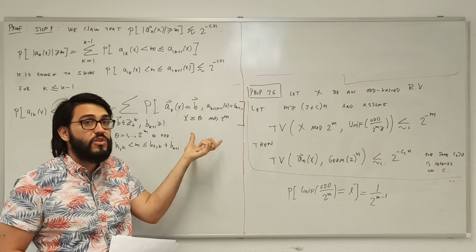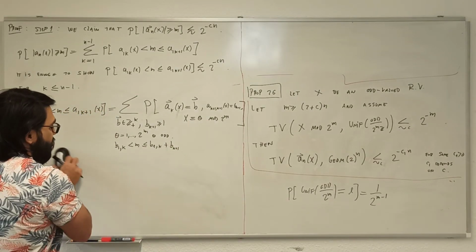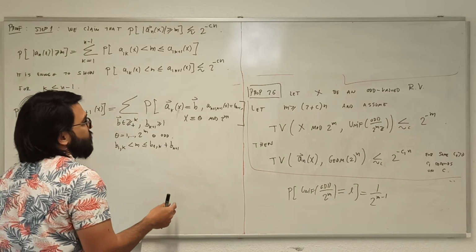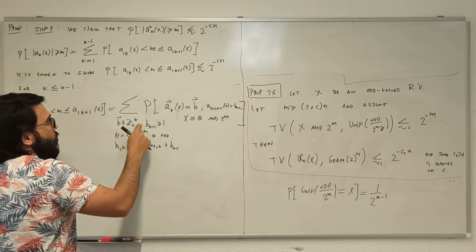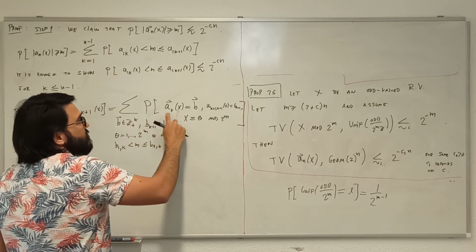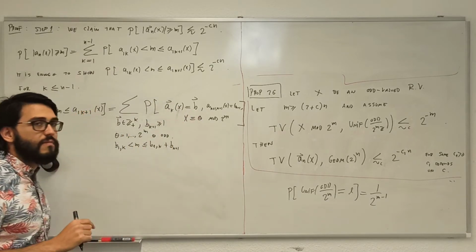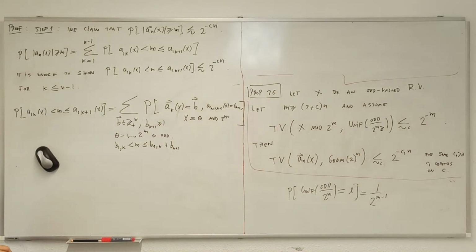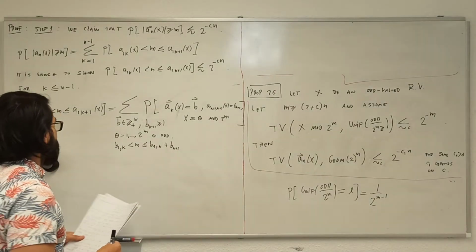All other probabilities are 0. Okay? So if that was true, I could just bound this thing by the sum over all the b's of the probability that a_k(x) equals b. Yes, I could do that.